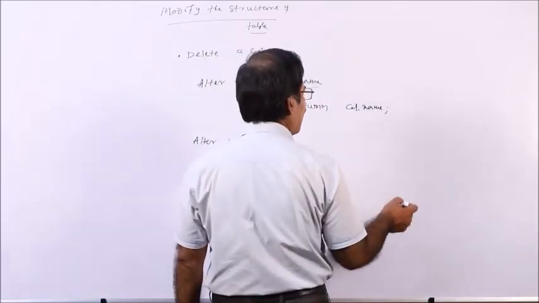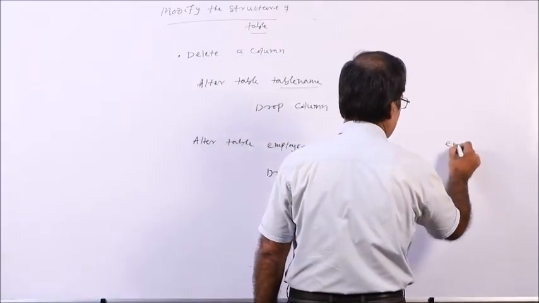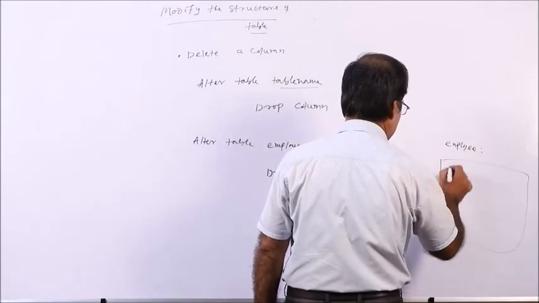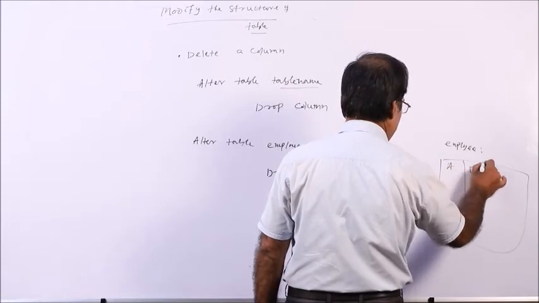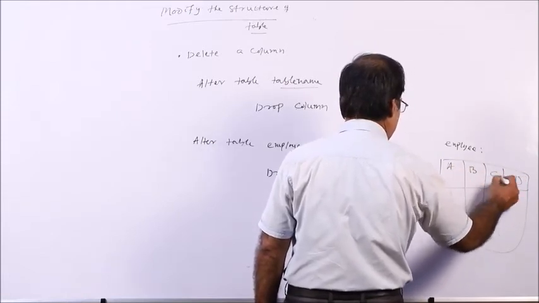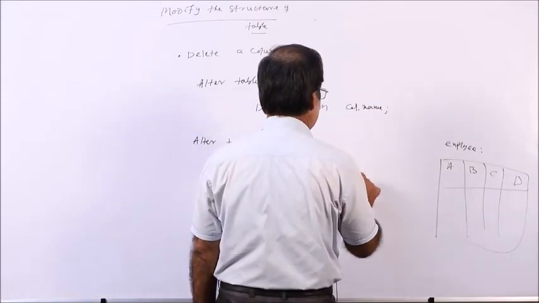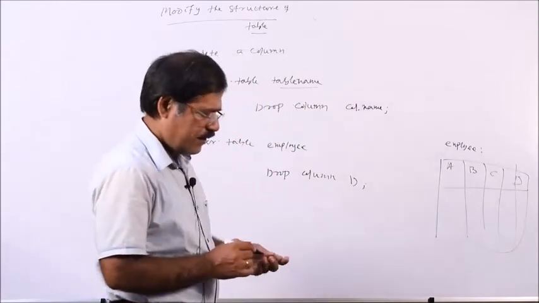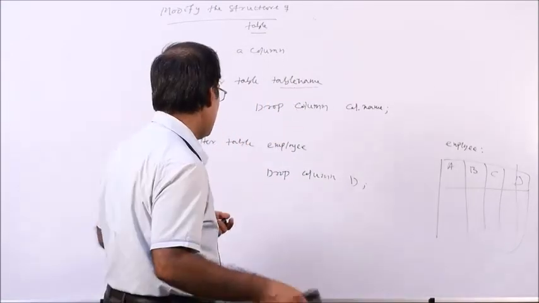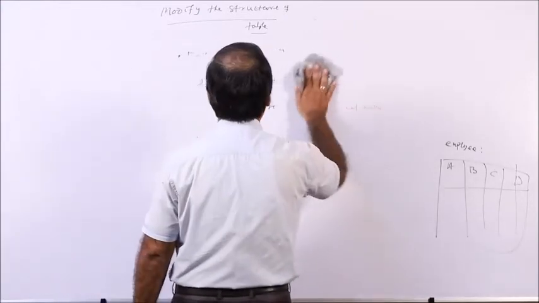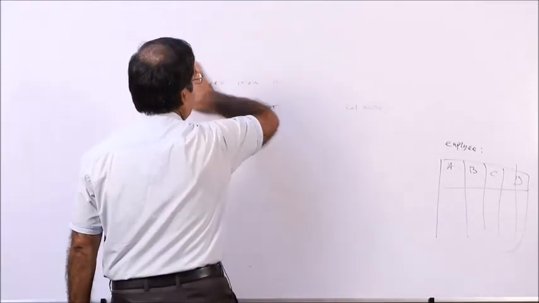Suppose the employee table has 4 columns: A, B, C, D. I want to drop D. So, you provide the column name, suppose D. So, the D column will be deleted. That field will be deleted from the table. You have to drop it. Drop means that column will be removed from the original table.